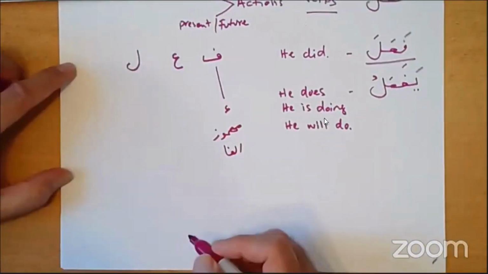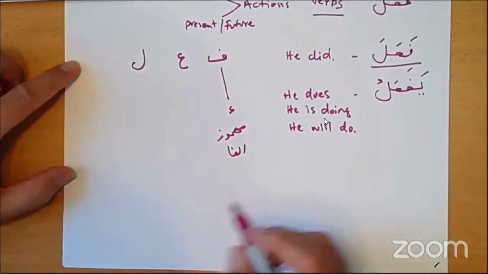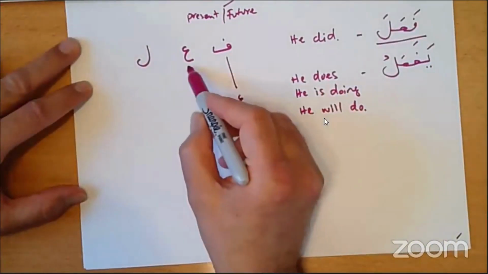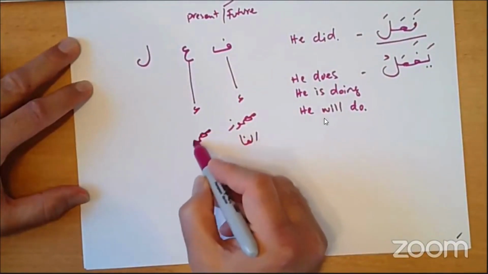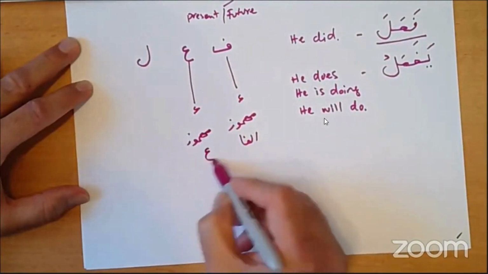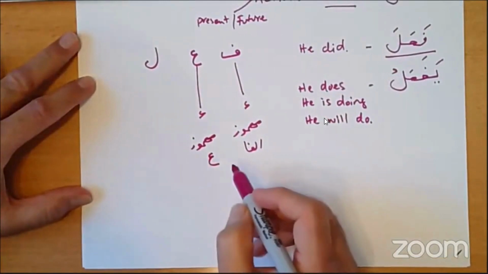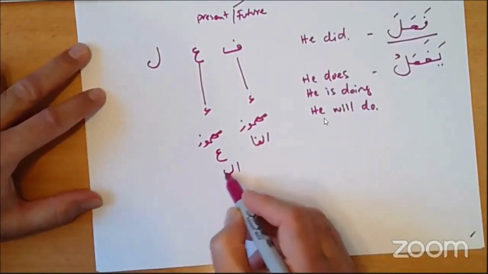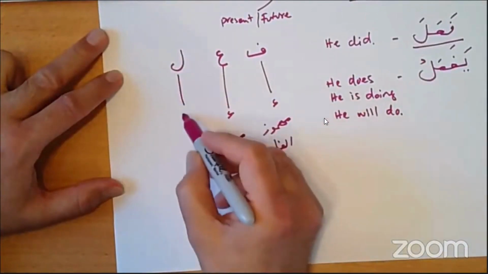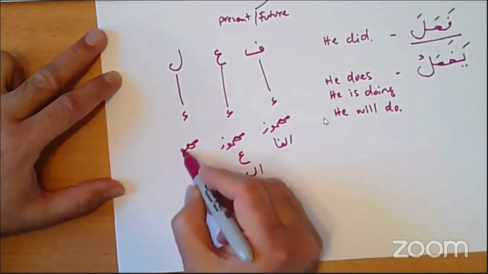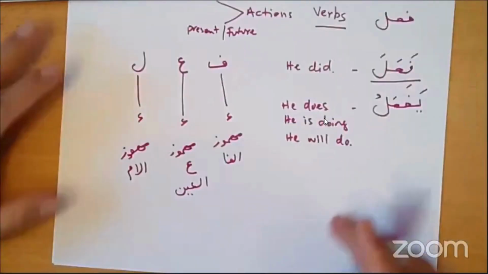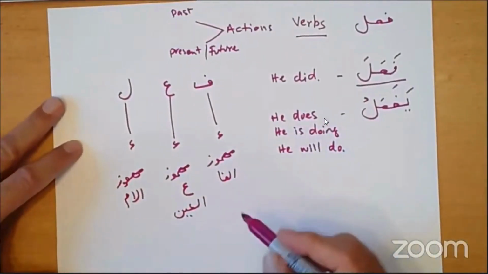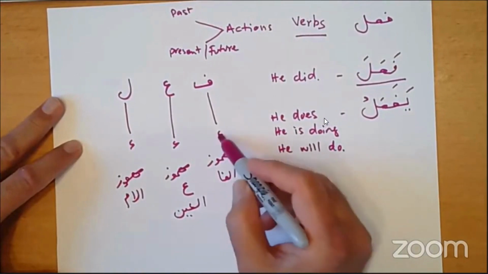And there could be a situation where the hamza is in the ain position, and we call it mahmuzul ain. And when you have hamza in the lam position, we call it mahmuzul lam.